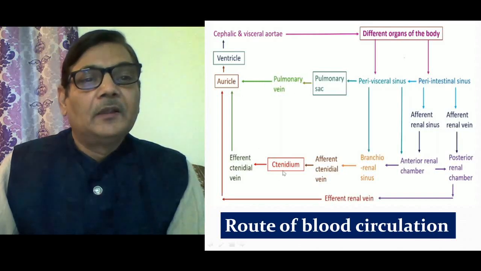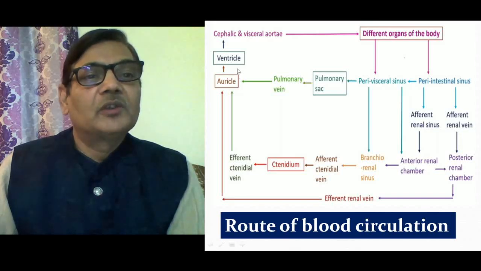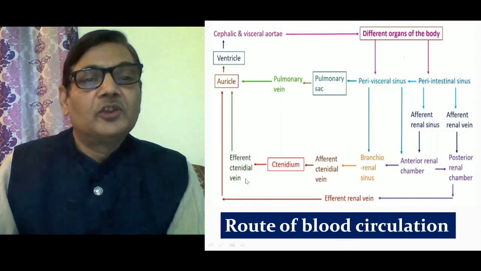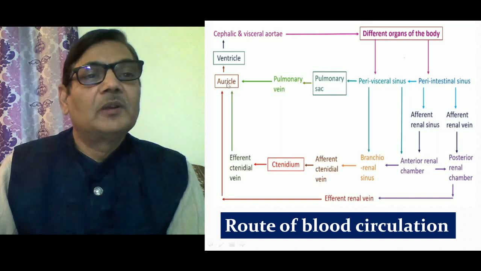Then through aquatic respiration, when it will be surviving, blood will be coming through efferent tenedial vein to this auricle, and in both situations blood will also be coming from the renal side through efferent renal vein. So auricle receives blood from these three vessels, but at a time it will be receiving only from two places, either from the pulmonary sac and from the renal organ, or from tenedium and renal organ.